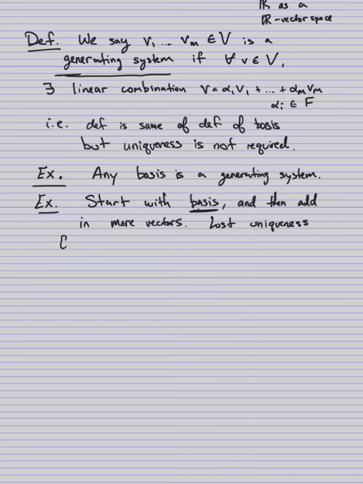So as an easy example, you can take R and the collection of vectors 1 and 2. Okay, so R is an R vector space. And then I could write 5 as 5 times 1, or it's 1 plus 2 times 2.